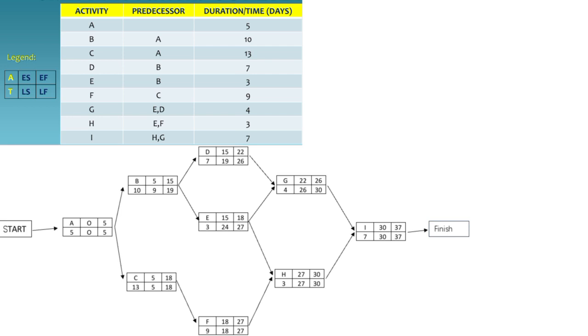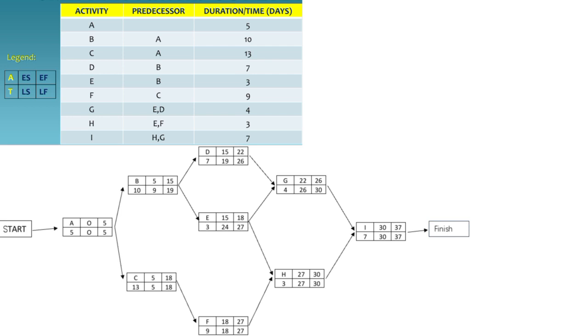The late start for activity H is calculated as LS equals LF minus duration, equivalent of 30 minus 3 equals 27.